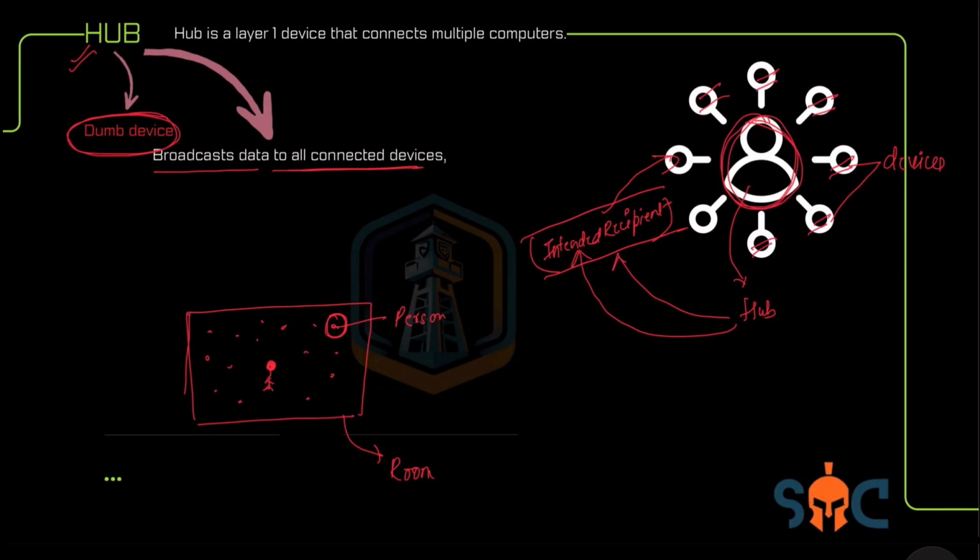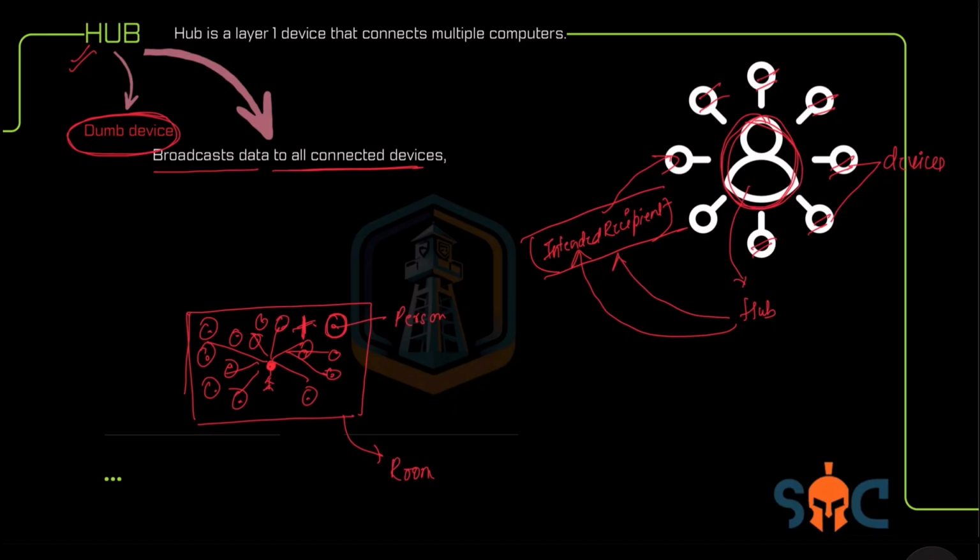But as soon as you shout, everyone else present in the room is going to hear your message. So the message you shout in the room is broadcast to all the persons present in that room, in addition to the intended recipient. That's the reason a hub is called a dumb device.